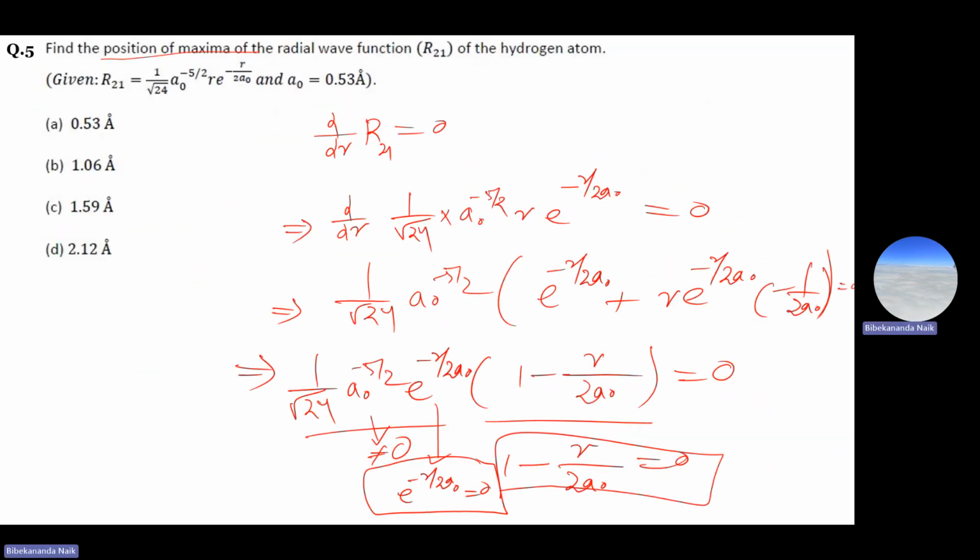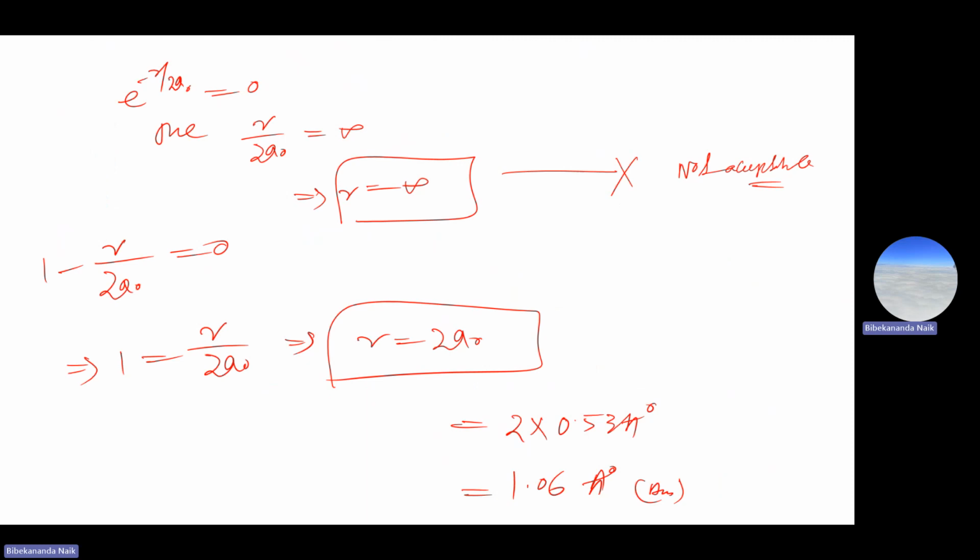The question was to find the position of the maximum of the radial wave function. The radial wave function is given, so in order to find its maximum, we need to take the derivative with respect to r, because r is the variable in this wave function. This is the radial part, R21. If you take the derivative, the two possible solutions are exponential minus r by 2a0 is 0 and 1 minus r by 2a0 is 0. If you equate the exponential part to 0, r will be infinity only.